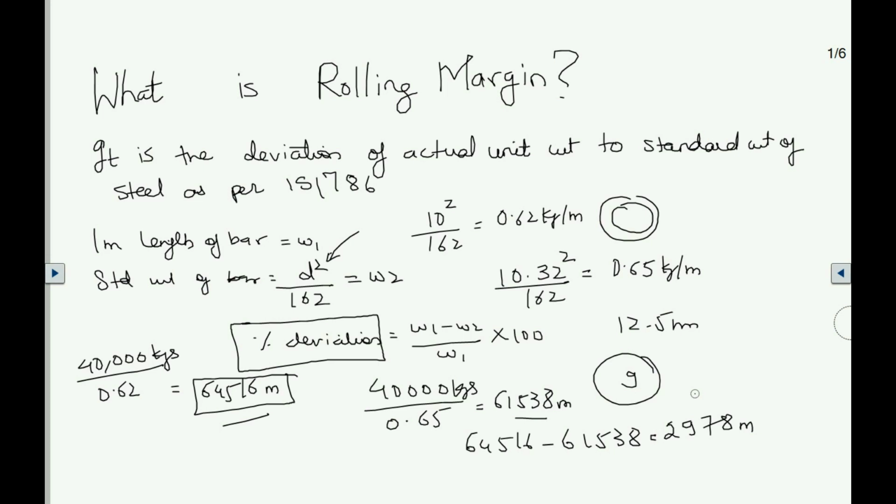Now we'll see what the tolerance limits given by the IS code are. If you refer to IS 1786 2008, it's given in clause number 7.2, referring to nominal mass. The tolerance limits are different for different diameters of bar.